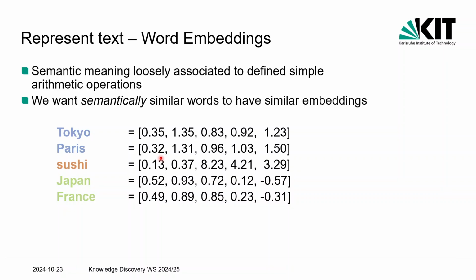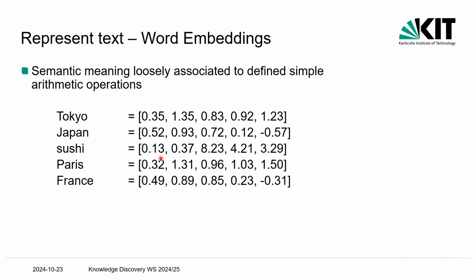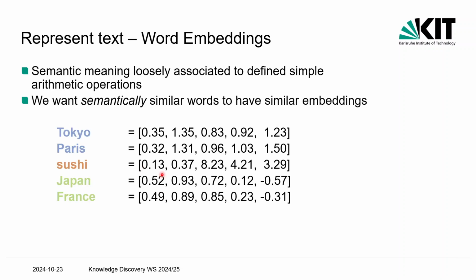For instance, we want Tokyo and Paris, as we see, we reordered them slightly so it's easier for visualization purposes, to be more similar to each other, and we want Japan and France to be similar to each other. Intuitively, it makes sense to have Tokyo and Paris be relatively similar because they're both world capitals, but still different entities. Same thing for Japan and France. They're both countries, so they might also be conceptually or semantically similar.